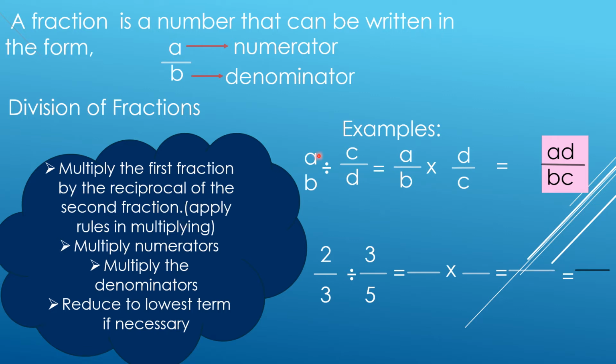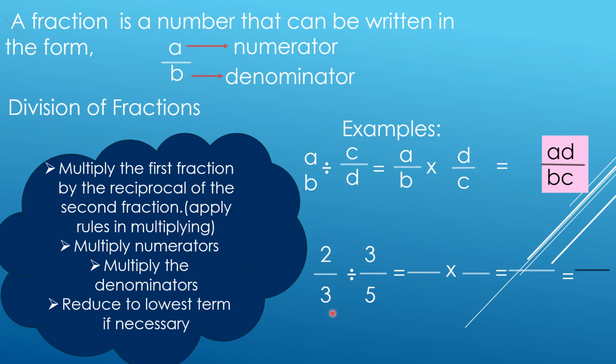So, ibig sabihin, yung first fraction, kopyahin lang muna natin. Tapos, instead na division, imumultiply na natin siya sa reciprocal ng pangalawang fraction. Ibig sabihin ng reciprocal, i-flip lang natin yung numerator and denominator. And then, after nun, multiply lang natin yung numerators and also the denominators. So, ayan. Follow lang natin kung ano yung rules natin kanina sa multiplication.